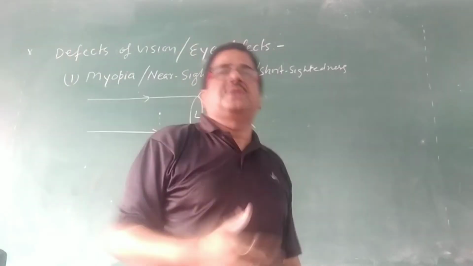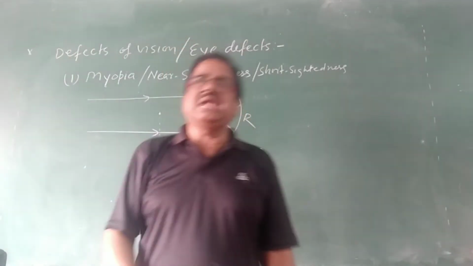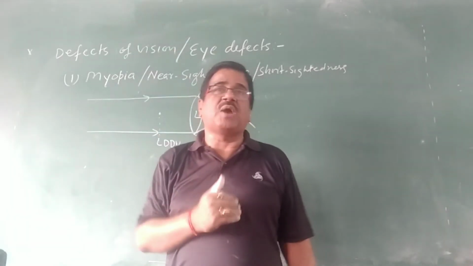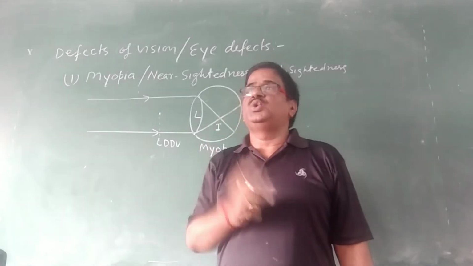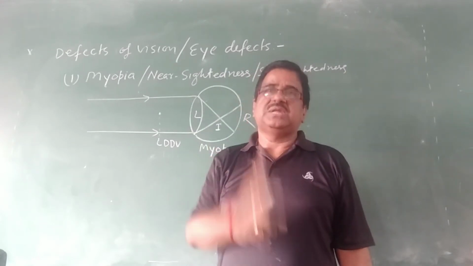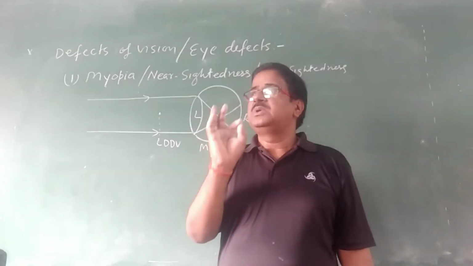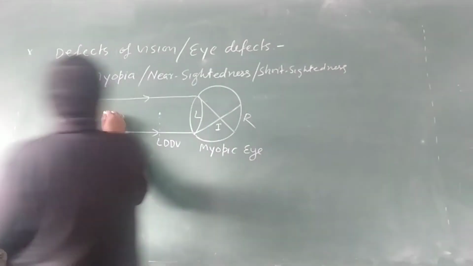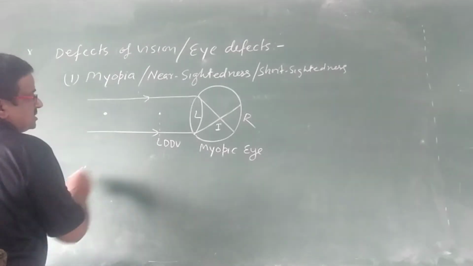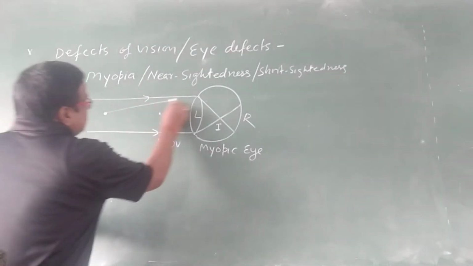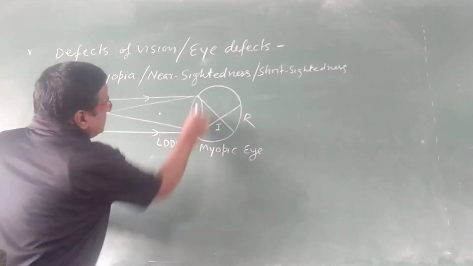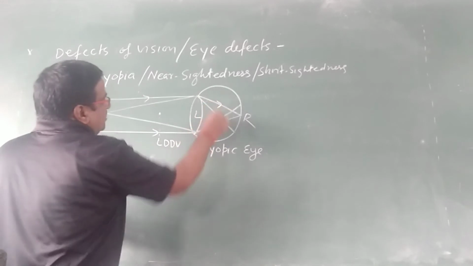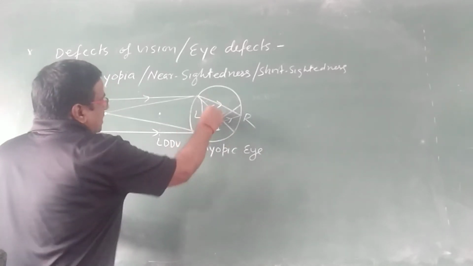Take the object closer. You will get a point such that if the far object is brought to that point, it becomes clear and distinct. If the object is taken here, the image will be formed on the retina.